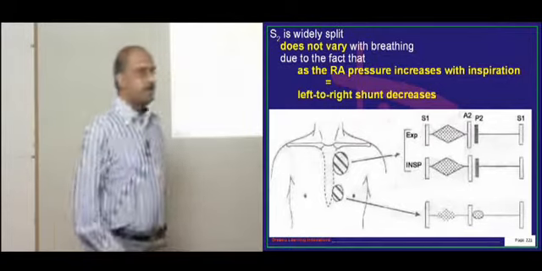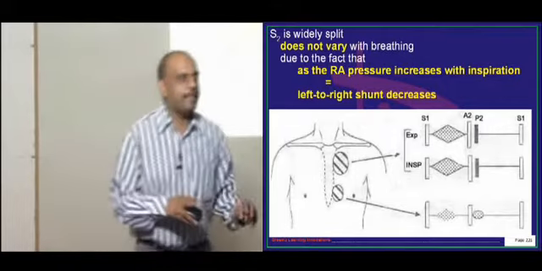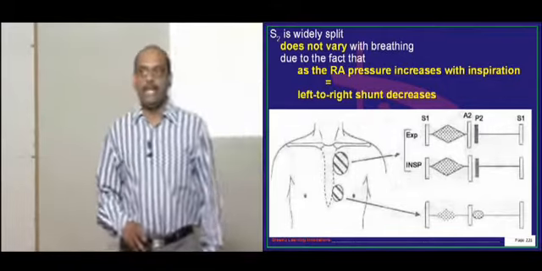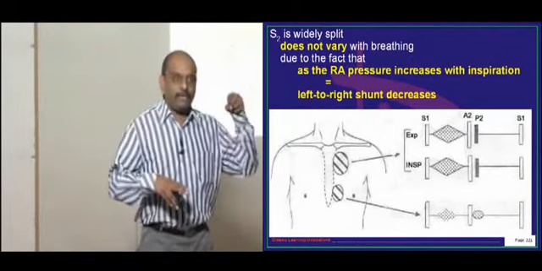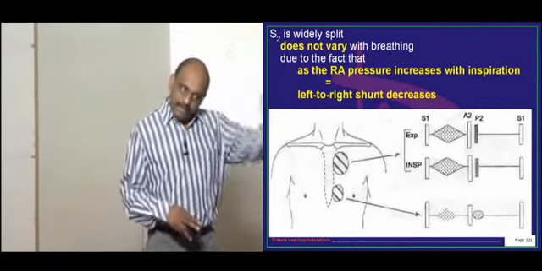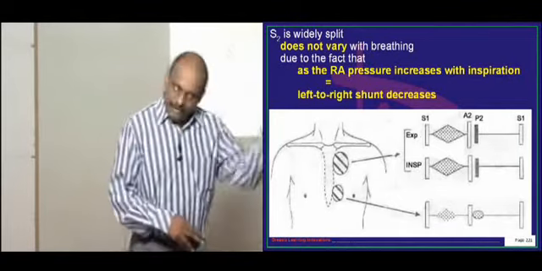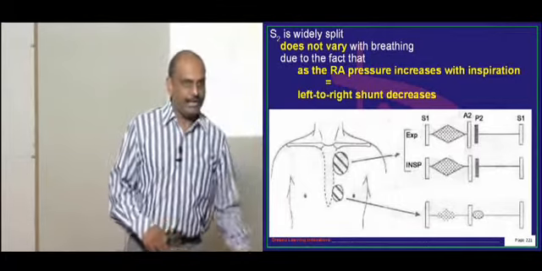Now the question is, generally A2 and P2 become a little more separated when we have inspiration, because inspiration causes a negative intrathoracic pressure. It will suck the venous blood into the right atrium, into the right ventricle. So generally there is an increased blood flow, venous return into the right side of the heart. So P2 becomes a little more delayed.